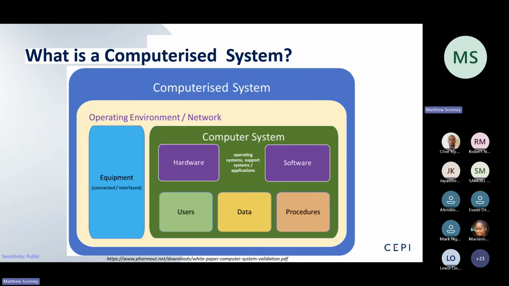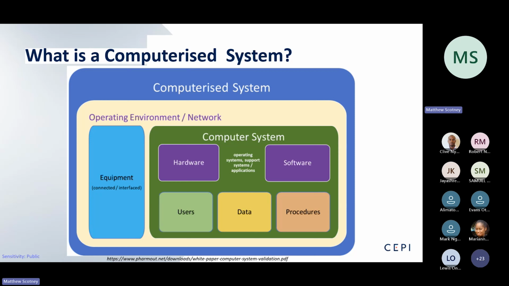So instead of just having a computer system, we really have computerized systems. And the computerized system encompasses not only the hardware, the software, the users, etc. It's anything that's connected to that computer, whether it be a labeling machine, whether it be some sort of device for collecting clinical data, whether it is a mobile phone that's connected, whether it's a barcode scanner, whether it's the actual network itself.